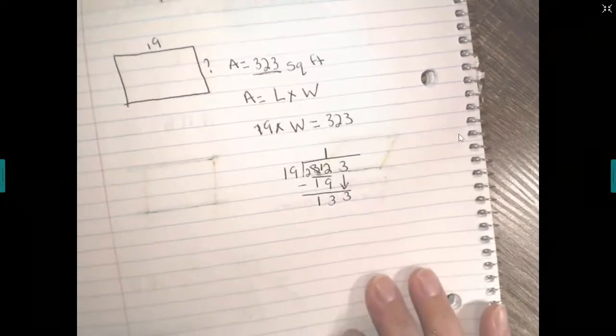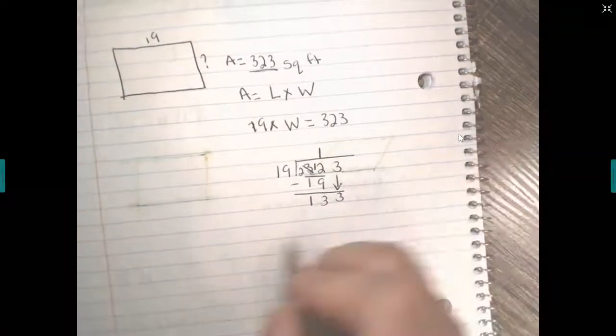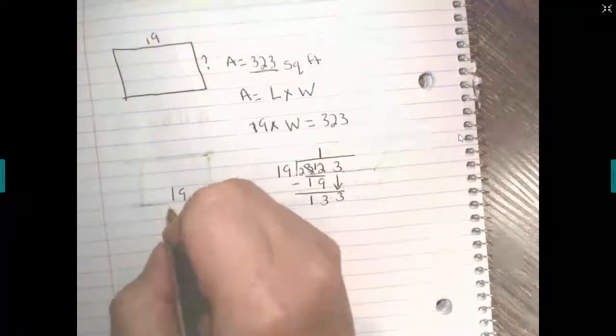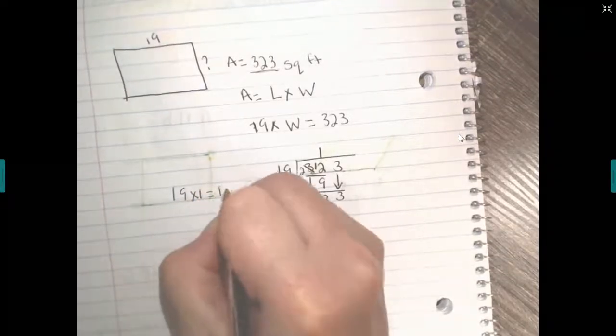All right, so I'm going to have to just go over to the side. I don't know that as an answer automatically. So I'm going to start with 19 times 1 is 19.